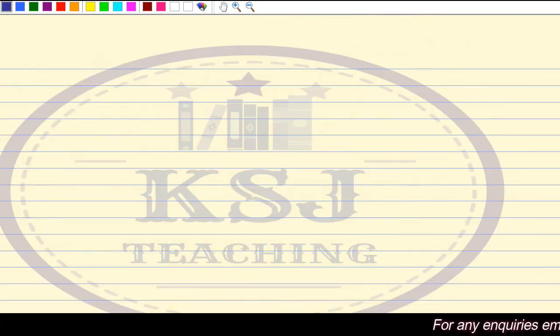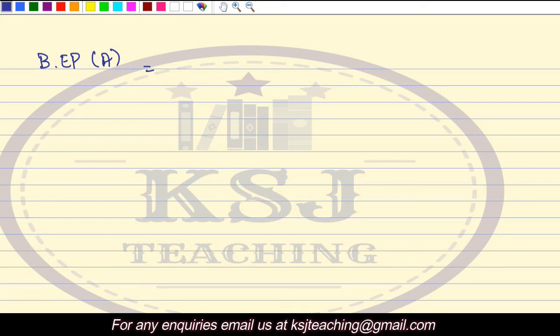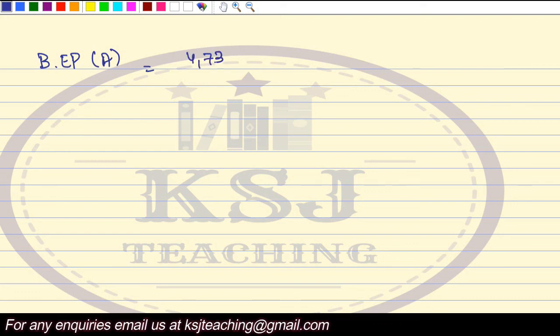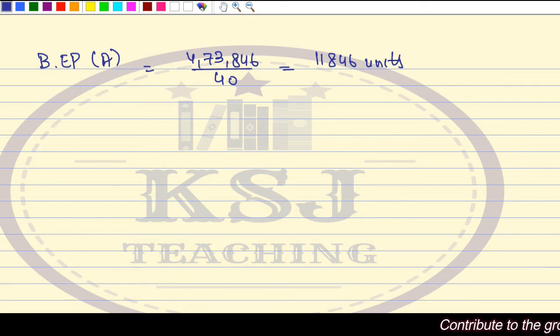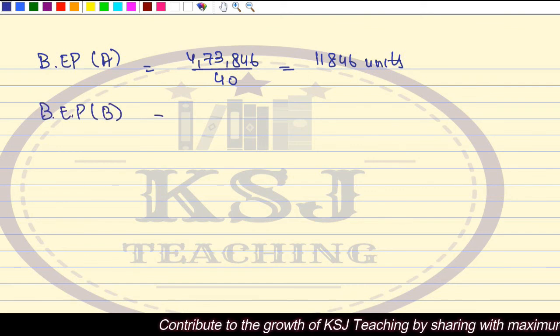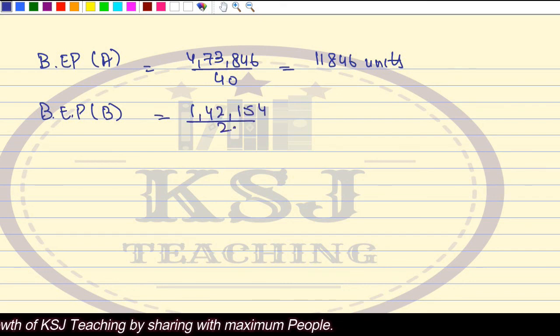Simple, right? So the break-even point for A will be fixed cost 4,73,846, just calculated, divided by contribution 40 rupees. So 11,846 units. Similarly, the break-even point for B is fixed cost of B, that is 1,42,154, divided by 20 rupees.